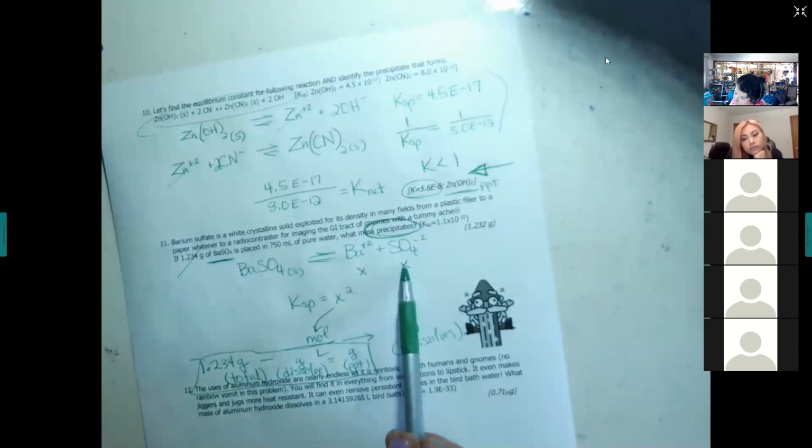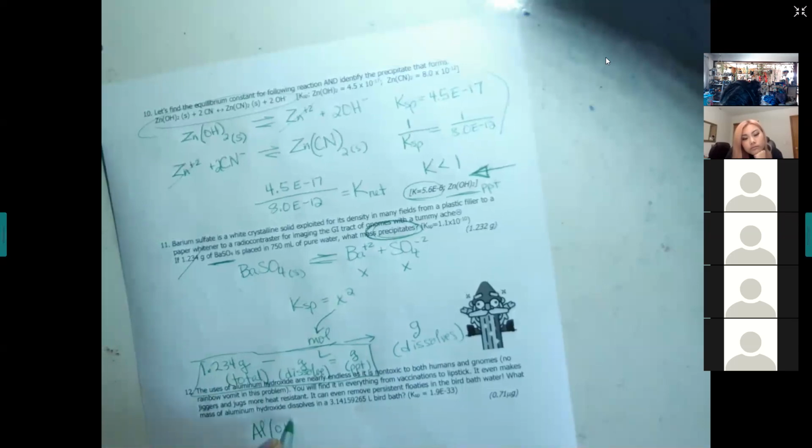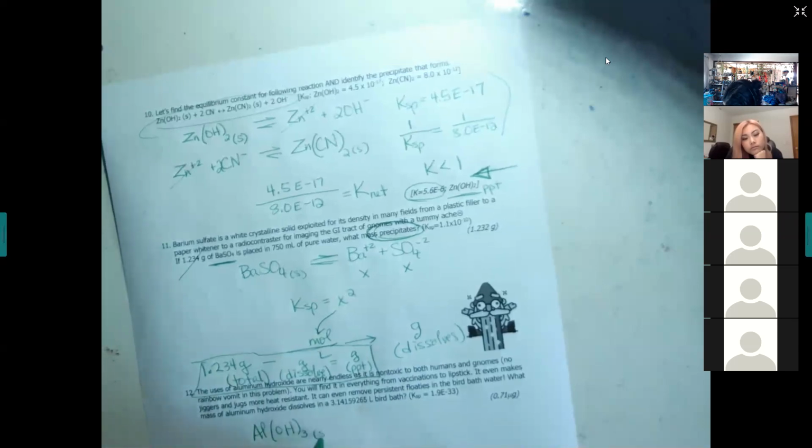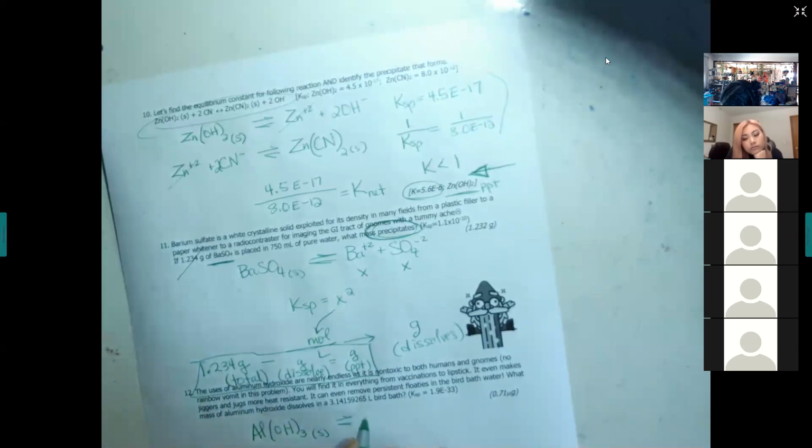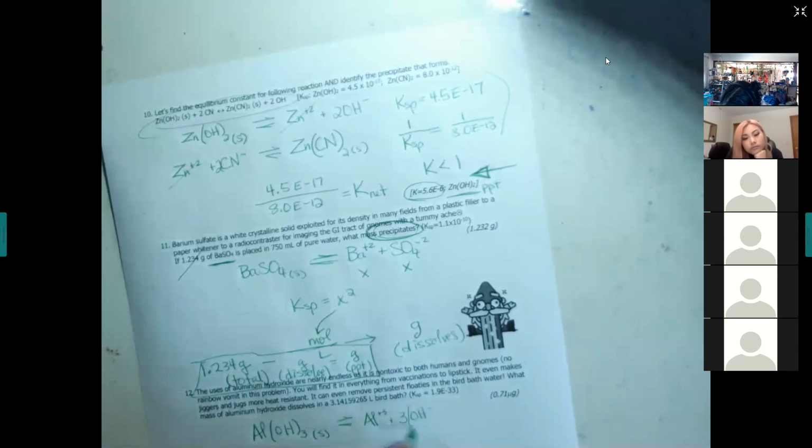All right. We also know that they are stoichiometrically related, and same with this last one. Aluminum is +3. I know that because I know my periodic table. You guys should have one in front of you when you're doing your test.